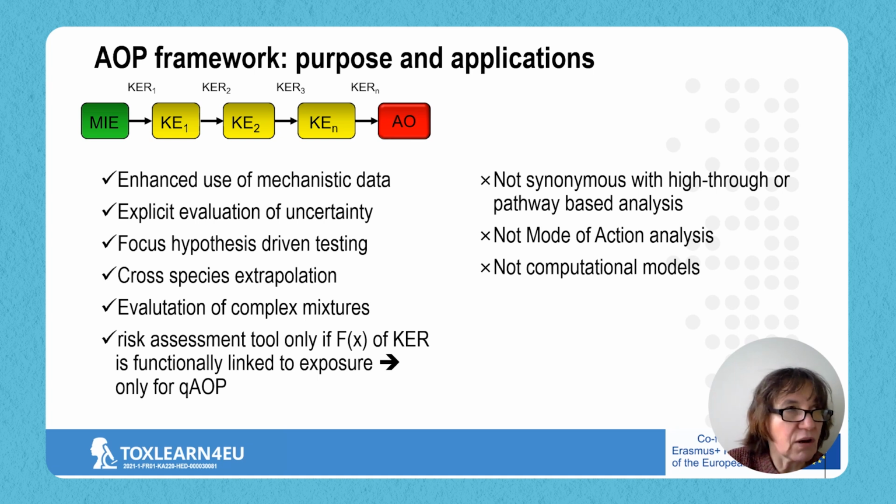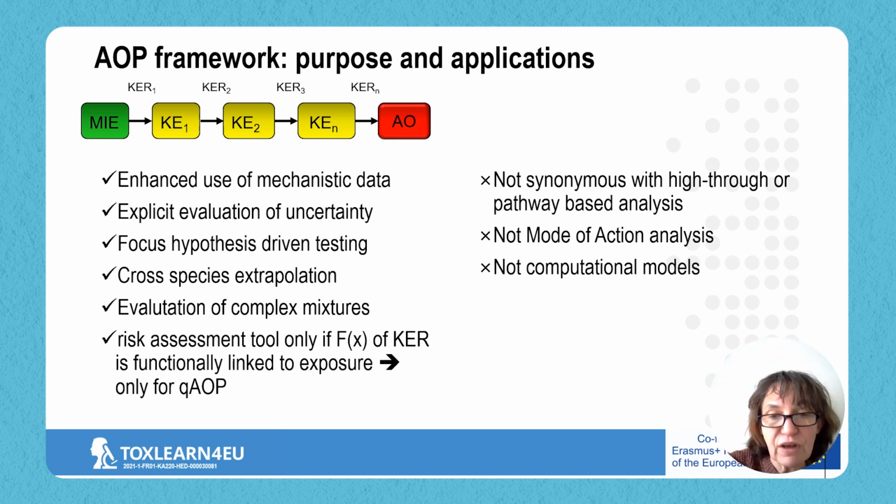It can be a way to build the hypothesis for hypothesis-driven testing. It can do cross-species extrapolation. Think about the adverse outcome pathway network that we had for the primary producers, the worms and the fish.